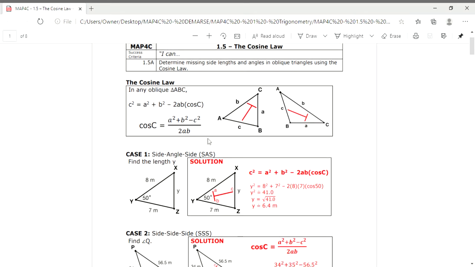Now, what cosine law is used for is to solve for side lengths in an oblique triangle when we cannot use the sine law.